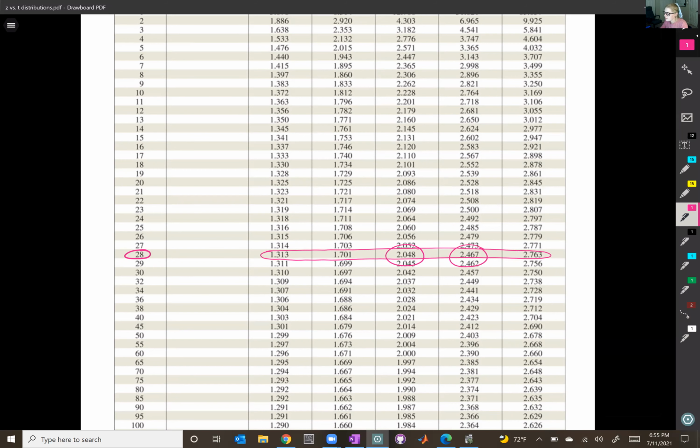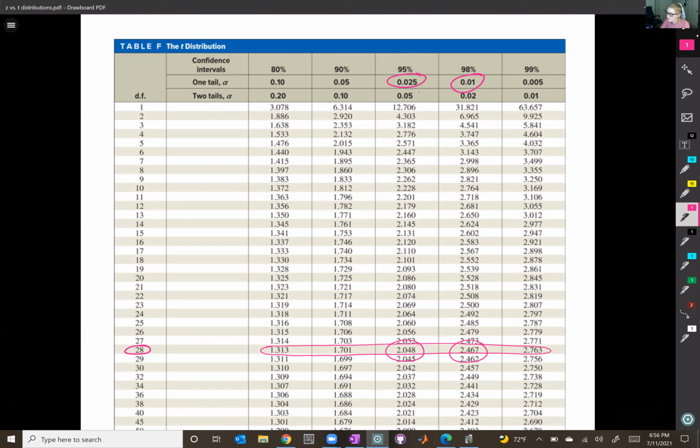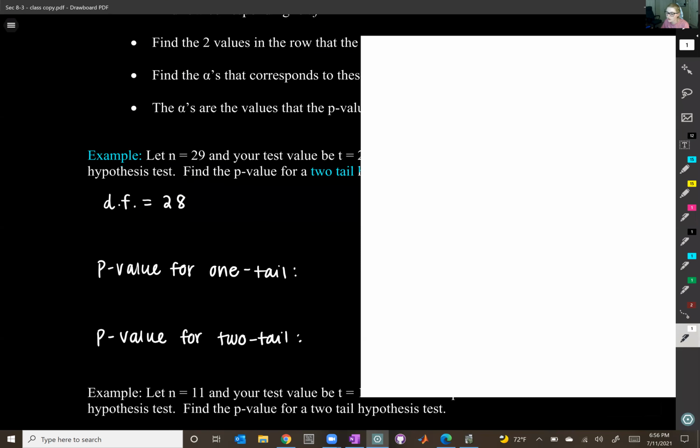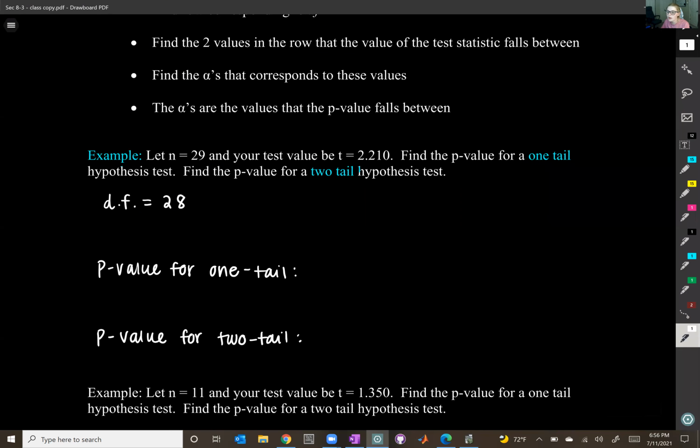All right, now that we found that, you just want to find the alphas that correspond to this. If you scroll up, for a one-tail test, your alpha is between 0.025 and 0.01. And for a two-tail test, it's between 0.05 and 0.02. So I'm going to write those down. Like I said, for this one we just get a range of values, not a concrete value, but I will show you in your calculator, when we do an example, how you can get an actual value.